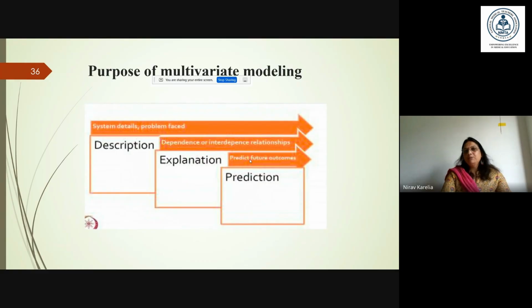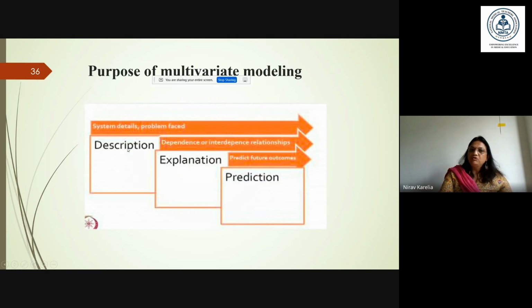So what is the purpose of multivariate modeling? Ultimately, whether we use descriptive or inferential statistics, what we are seeking is the causal relationship. We can't be damn sure of the causal relationship and the decision making process, and that is why initially there is a descriptive phase.